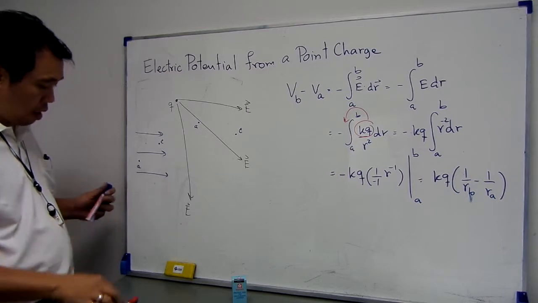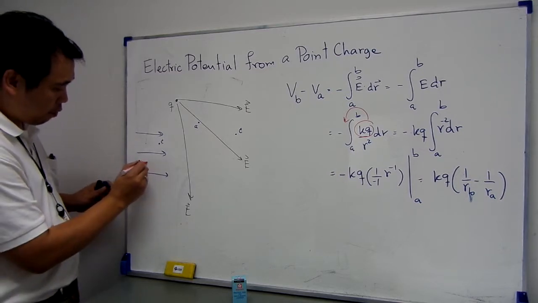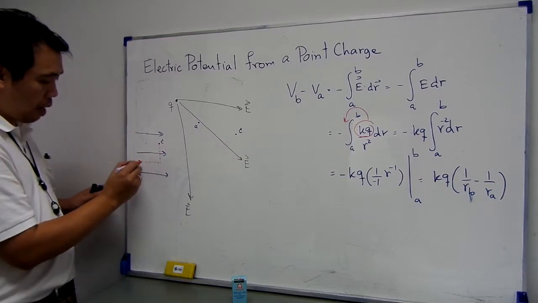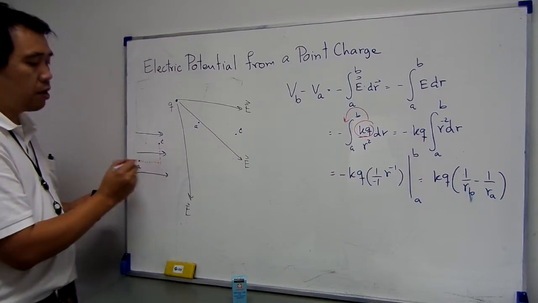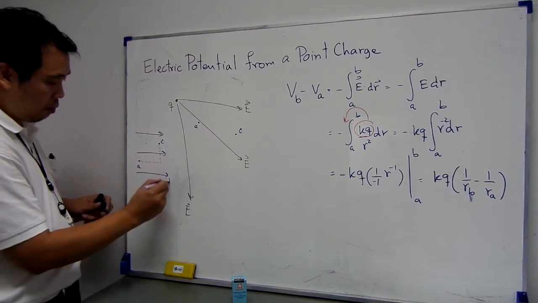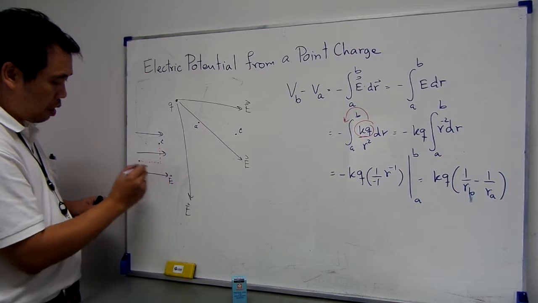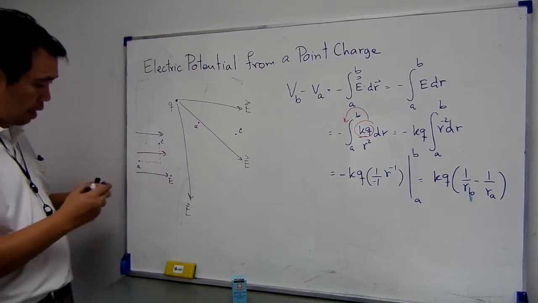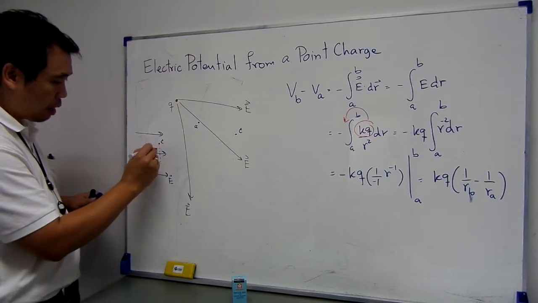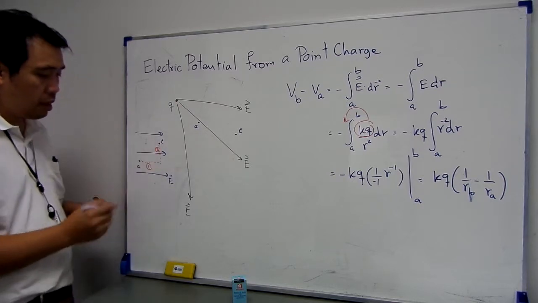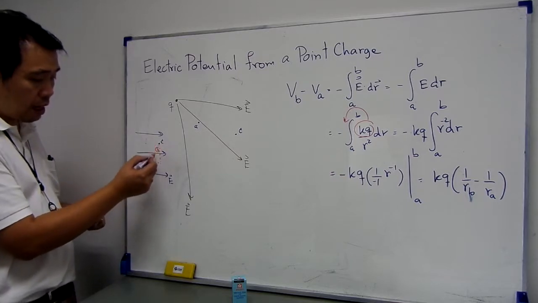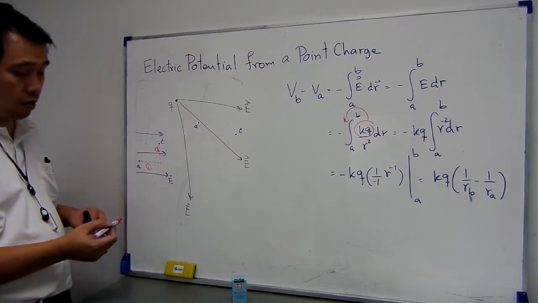In that case, you can see that we choose the path which can be divided into two parts. The first part is along the direction of E. And the second part is perpendicular to E. And when we do the integration, you can see that the integration on the second part is 0.